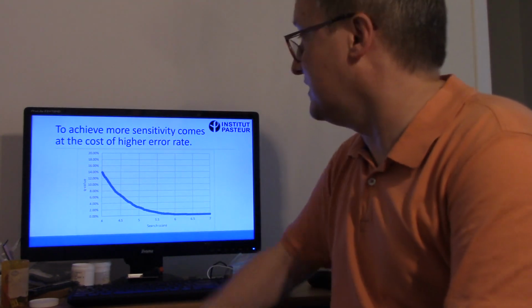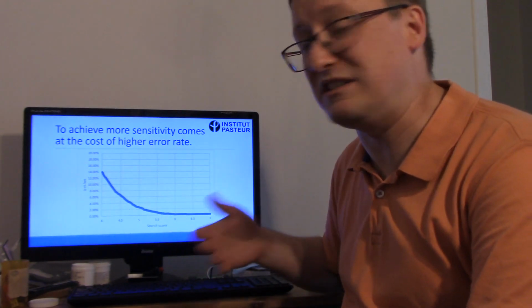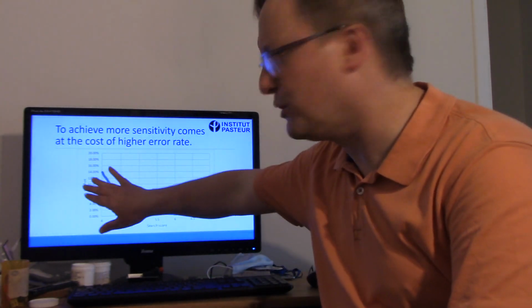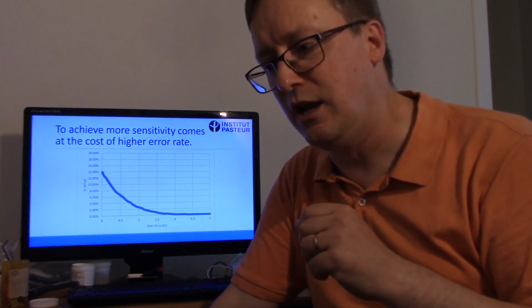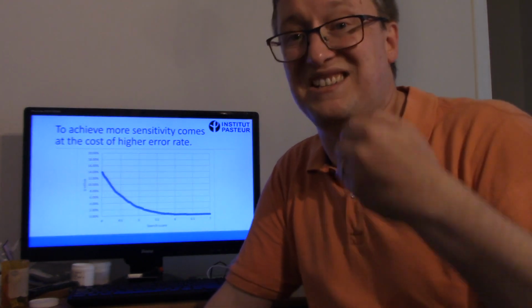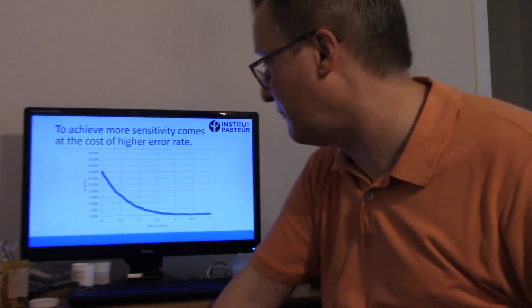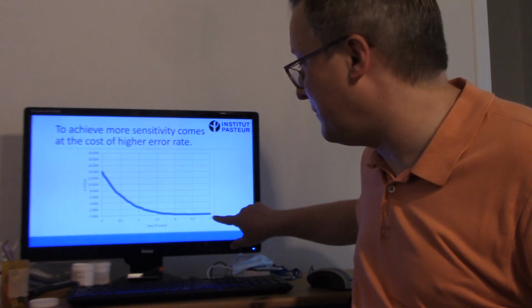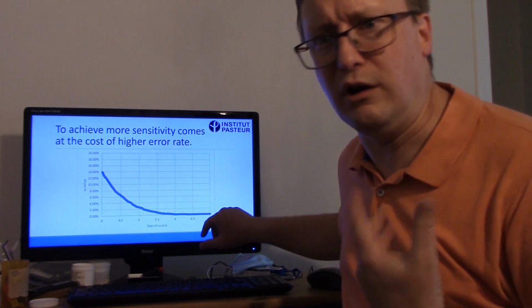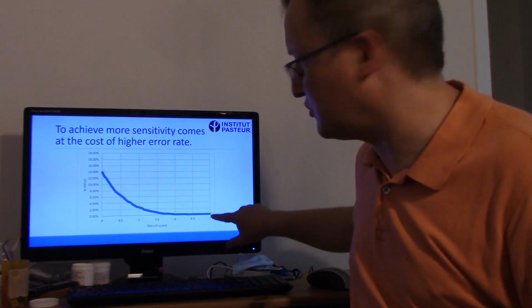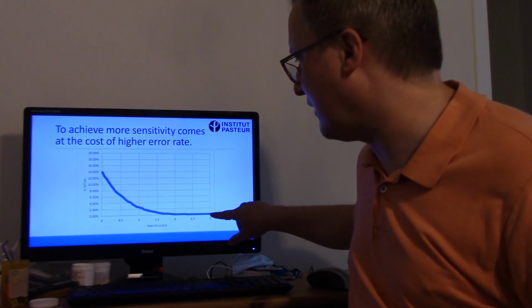Another way to say this is that to achieve more sensitivity will come at the cost of a higher error rate. Here we're showing a statistic called the Q value, which is to say, what would the best error rate be if we were to accept a given peptide spectrum match? What we see is that up at high scores around 7, we're over the mean score of the true distribution. We see that there are a vanishingly small number of errors.